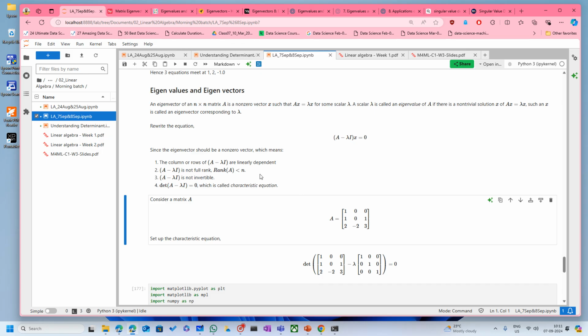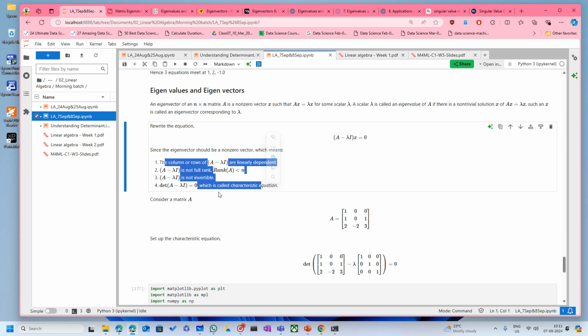Okay, so that is what it is. So we are saying an eigenvector should be a non-zero vector, then this will exhibit certain properties. Those properties are that the columns should be linearly dependent, which means some of the columns should have zero values, and the rank of A minus lambda I should be less than the highest value of rows or columns.